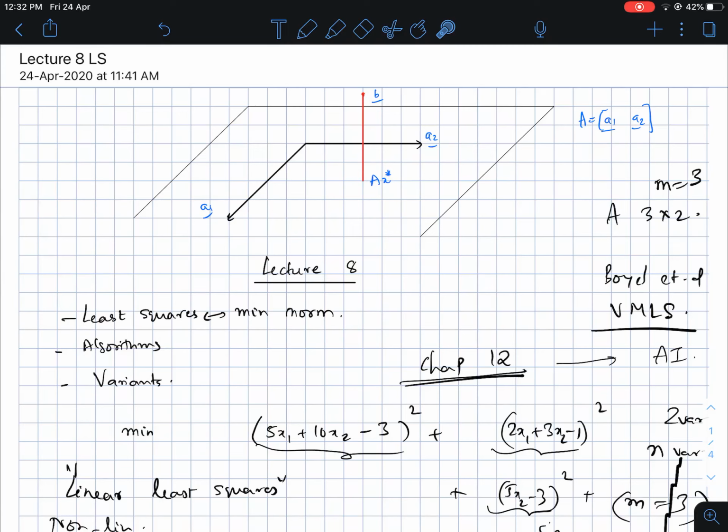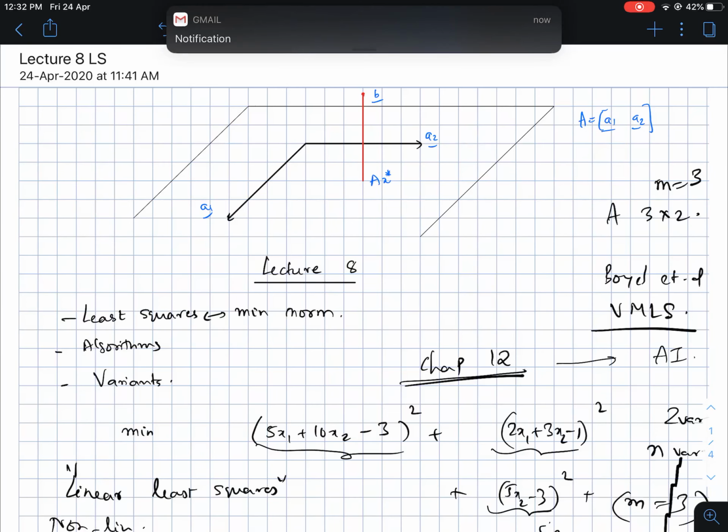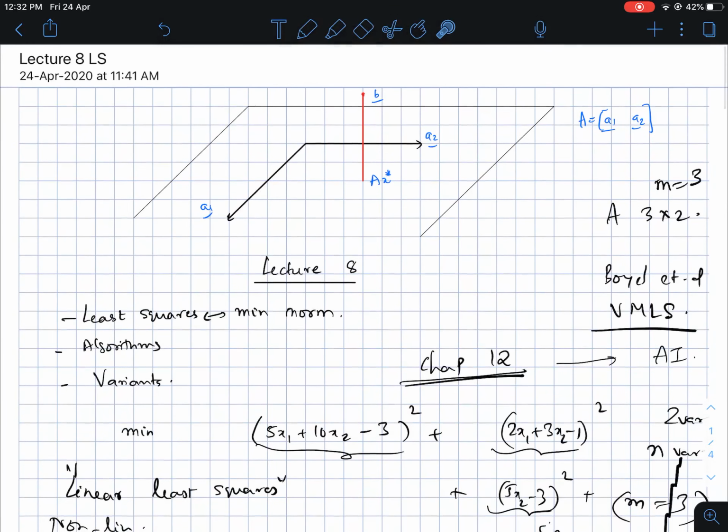And by the way, what is this perpendicular vector? This vector is just b minus Ax star. This vector must be orthogonal to the space. In particular, this vector b minus Ax star is going to point vertically, so it must be orthogonal to both a1 and a2.